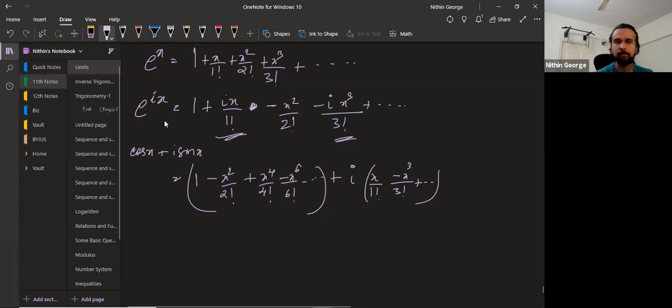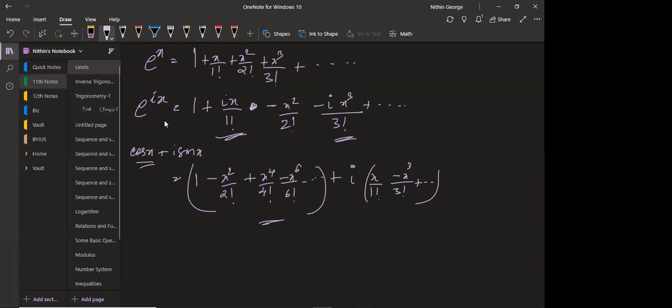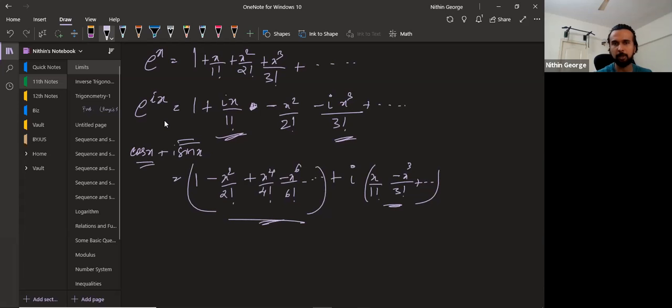Yes, sir. You equate the real part separately and the imaginary part separately. So this becomes cos x in the first bracket and this becomes sin x in the second bracket. Are you following?